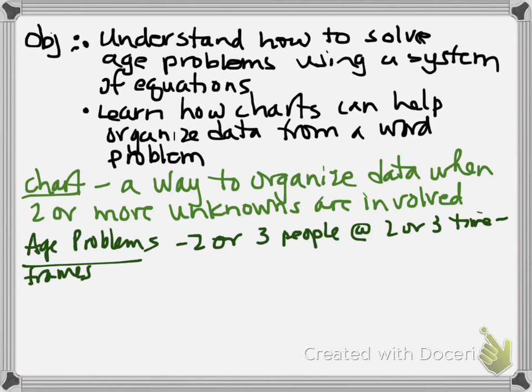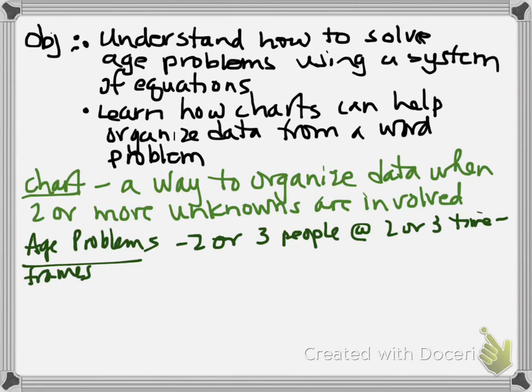So I'm going to give you a little idea of what this looks like. Here are some of the things you have to be cautious of when you're dealing with age problems. You have to read super carefully, and you need to understand what words mean now, what words mean the past, what words mean the future, and so on and so forth, okay?